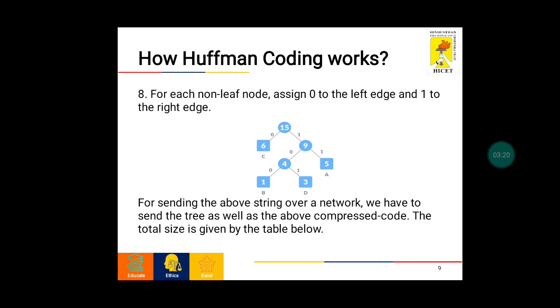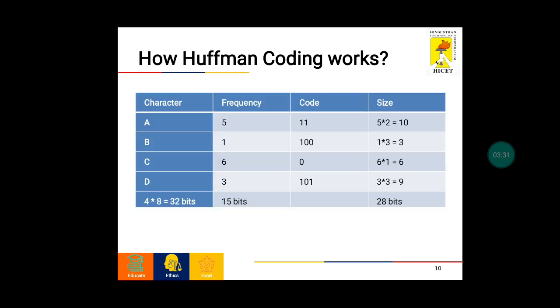For sending the above string over a network, we have to send the tree as well as the compressed code. The total size is given by the table below. For example, we know that the characters here are A, B, C, D and the frequencies are 5, 1, 6, 3 and the codes from the tree are 11, 100, 0 and 101.